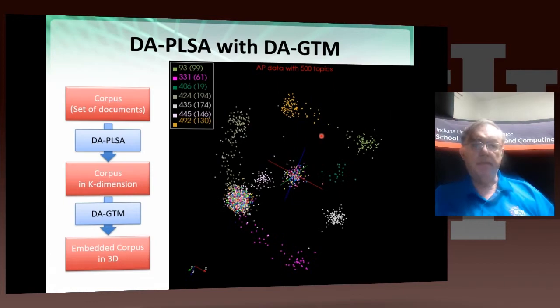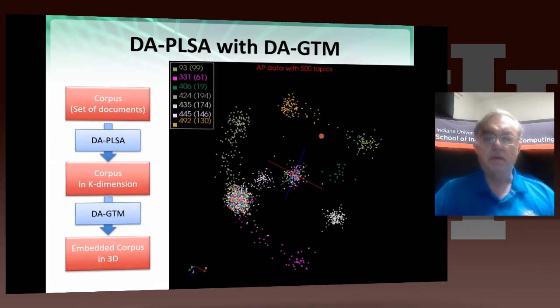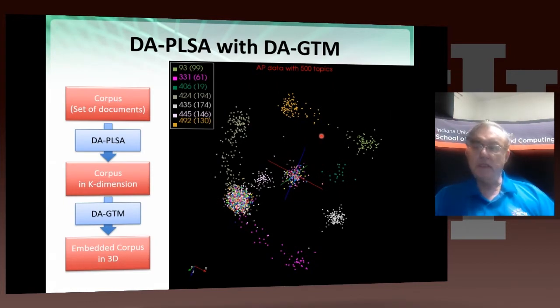So now we come to a totally different topic, one that's actually related to what we discussed in the search, but it just illustrates because it uses generative topographic mapping. What it does is it takes all the documents in an AP data set and chops them up, and associates them with topics.